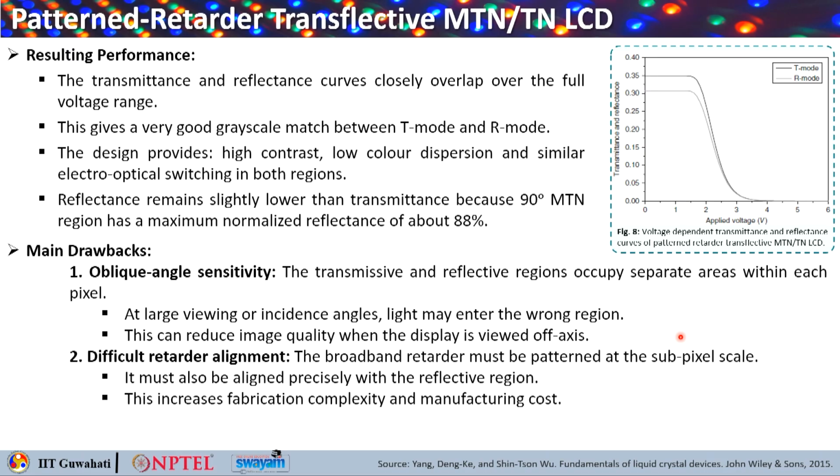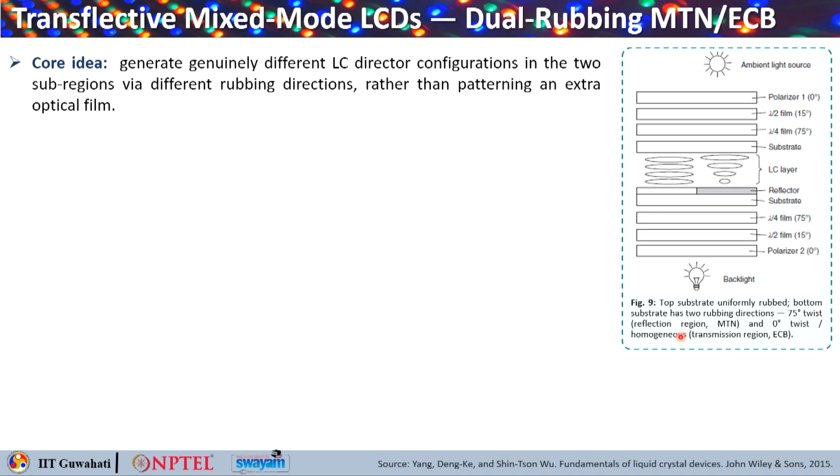The second important thing is the difficult retarder alignment. The broadband retarder must be patterned at the subpixel level and aligned precisely within the reflective region only, and that increases the fabrication complexity as well as the manufacturing cost.